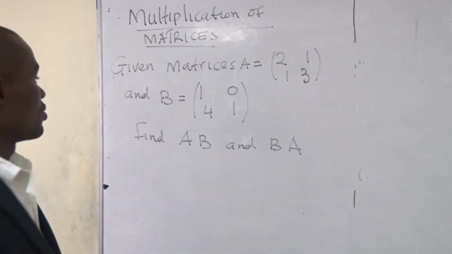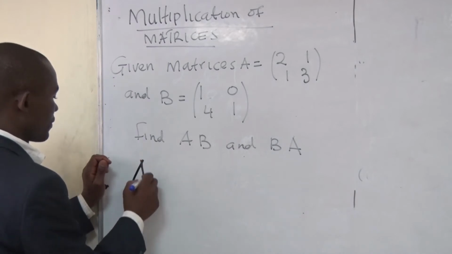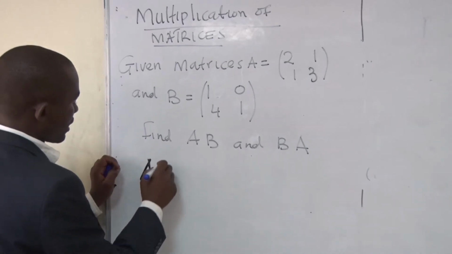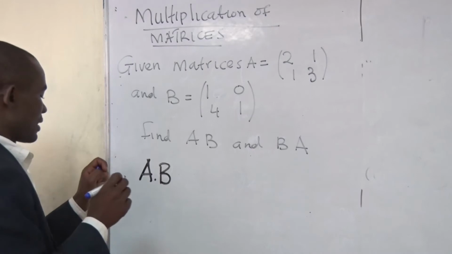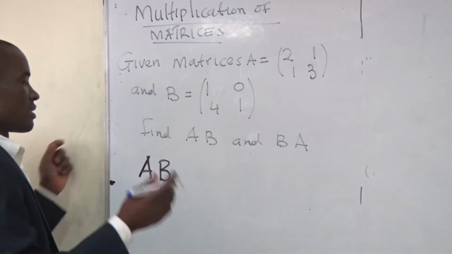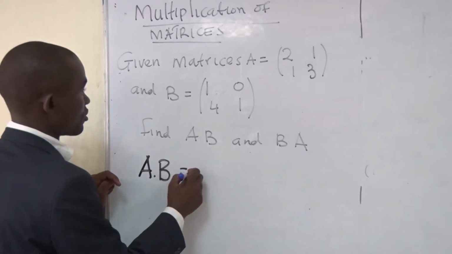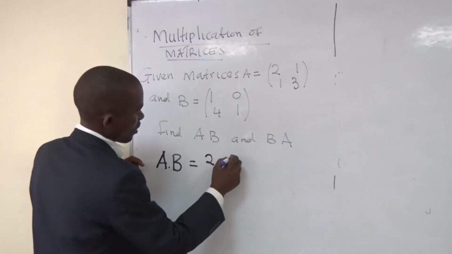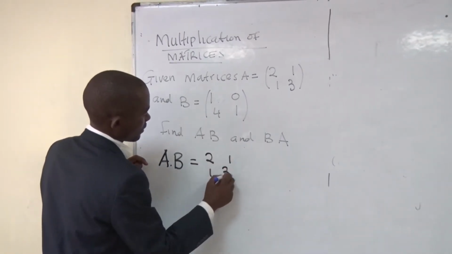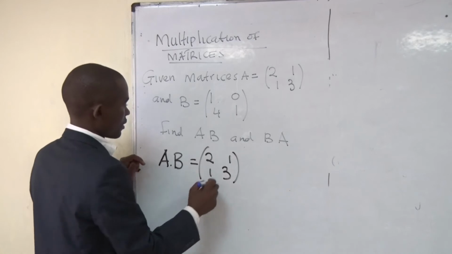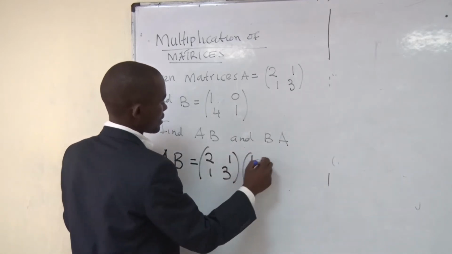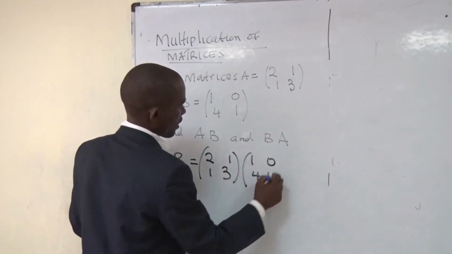So we are going to do A multiplied by B. Sometimes an examiner can tell you to find A dot B. It is still the same thing. So what you need to do is to take 2, 1, 1, 3, then you multiply it with 1, 0, 4, 1.